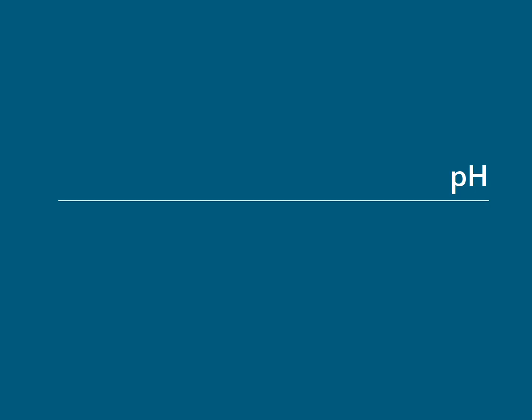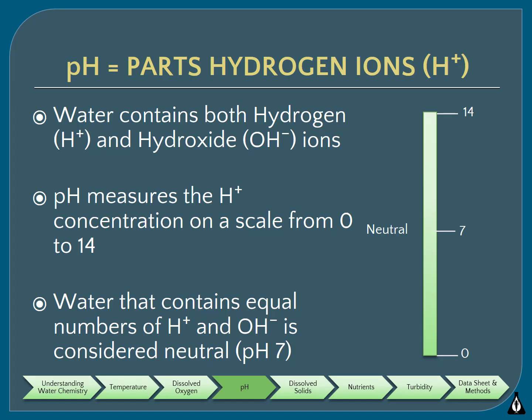Alright, so the next parameter we're going to discuss is pH. pH stands for potential hydrogen or part hydrogen ions. Water contains both hydrogen and hydroxide ions. pH measures the hydrogen concentration on a scale from 0 to 14, and water that contains equal parts of hydrogen and hydroxide ions is considered neutral, which is represented on the scale as 7.